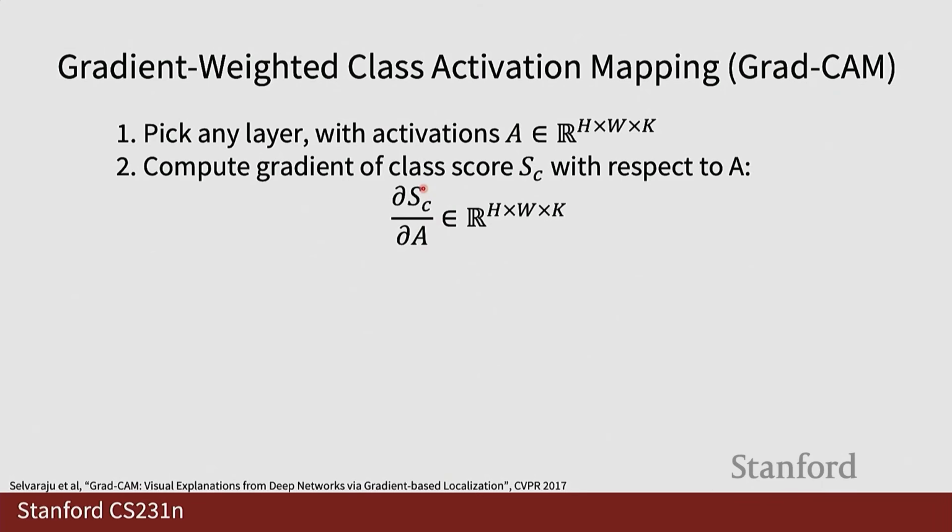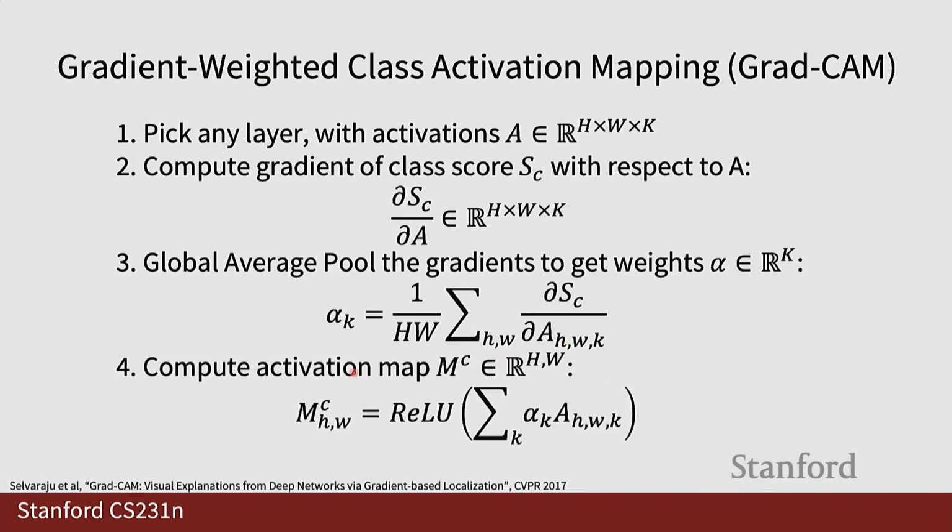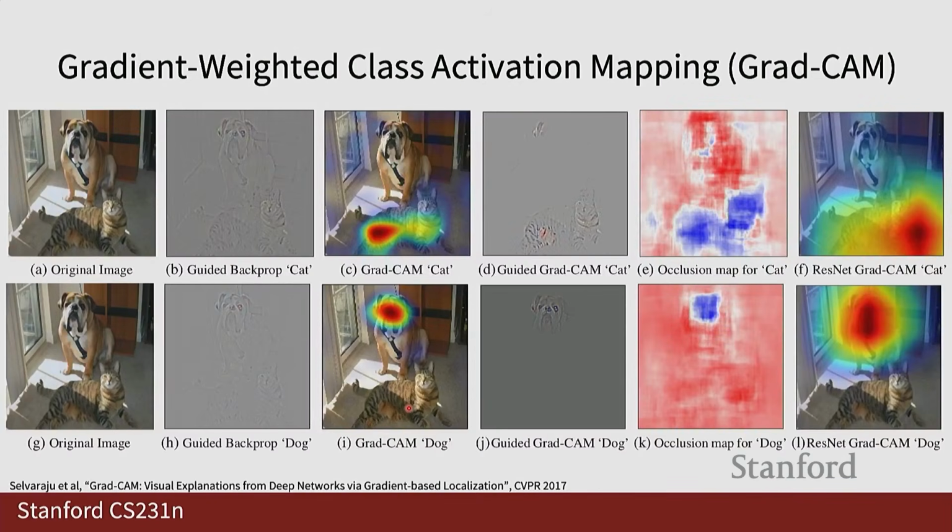We go all the way back with the gradients and create a weight based on the gradients, and then that is used instead of the weights. It's an aggregate of all of the weights and gradients up to that specific layer. And then we weight the maps with that, and then we also use ReLU to only pass the positive ones. And then that could also be shown all the way in the image space.